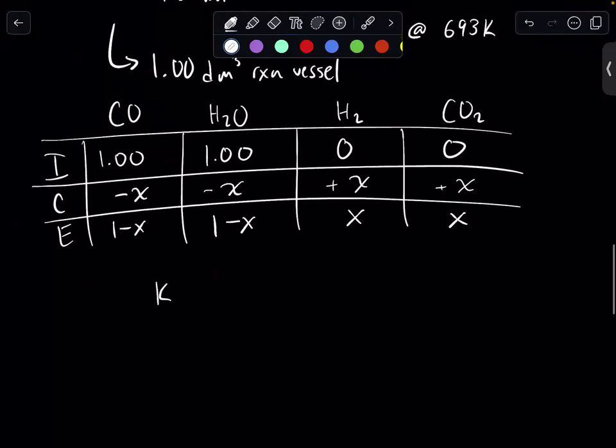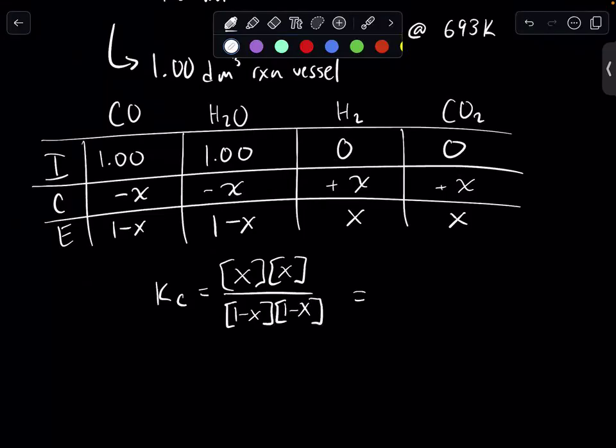Now we can just use our Kc equation, which will give us the concentration of X, concentration X divided by 1 minus X times 1 minus X. We can simplify this to X squared divided by 1 minus X squared.